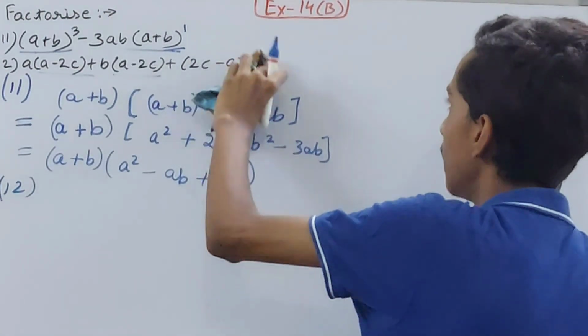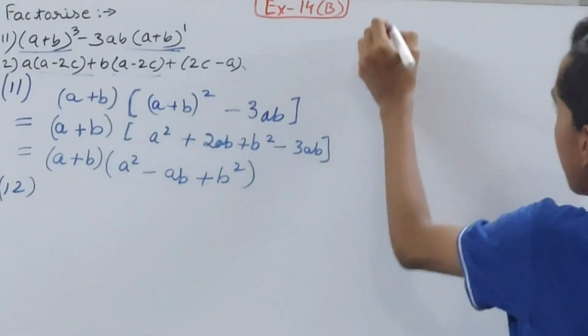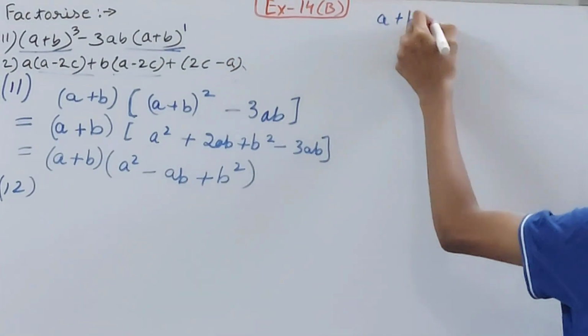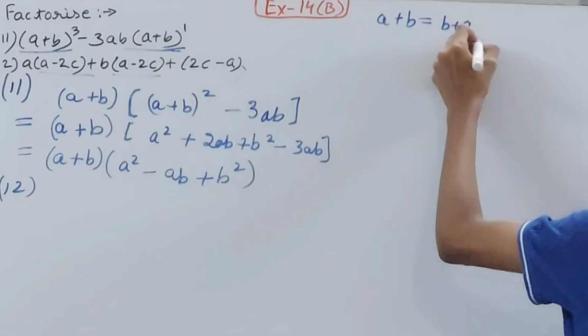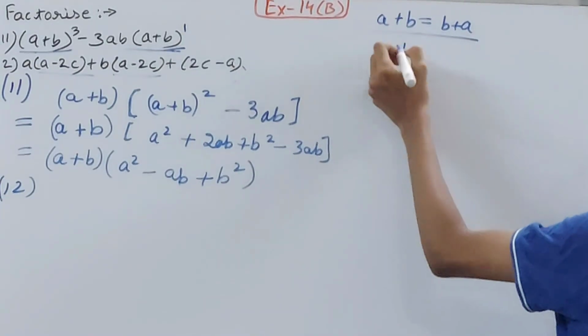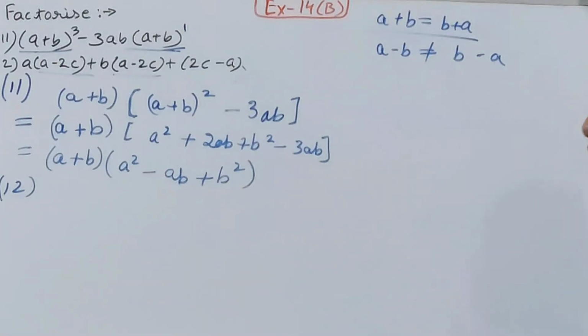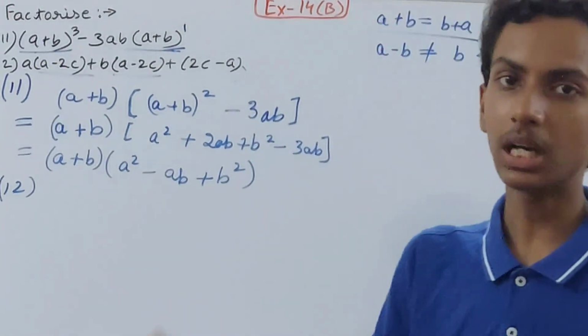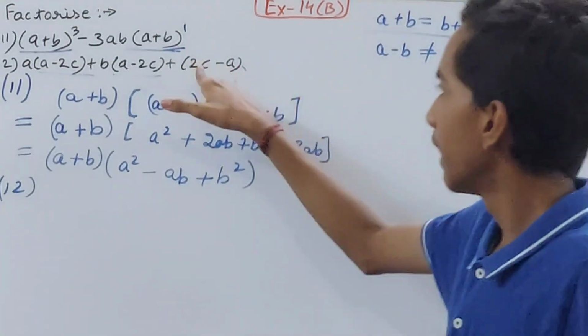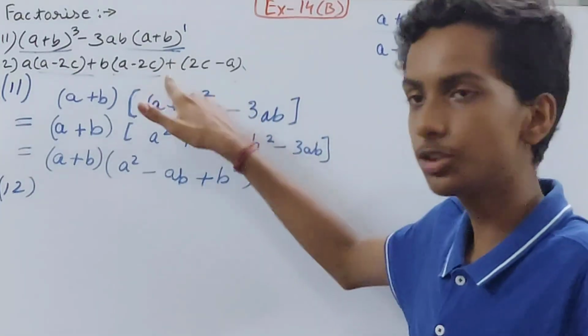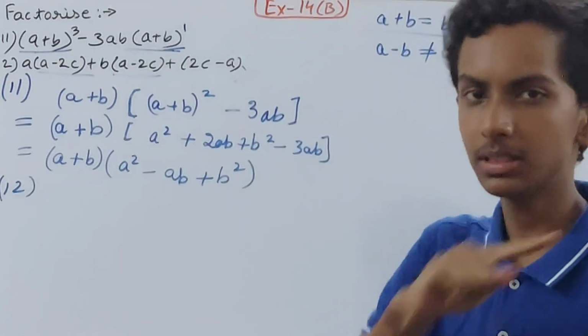In subtraction, you cannot change the order like in addition. If you do a − b and then change the order to b − a, the value will come different. So can I write 2c − a as a − 2c? No, that is a mistake.